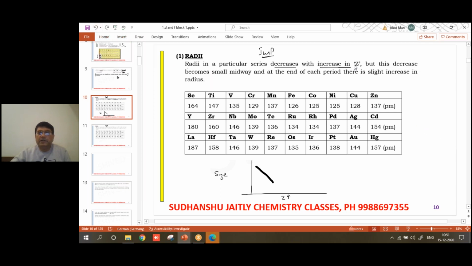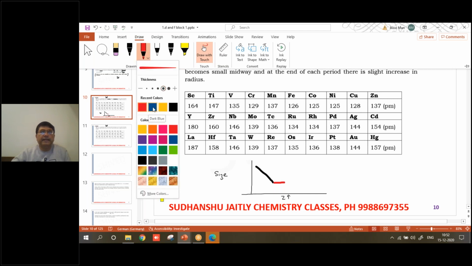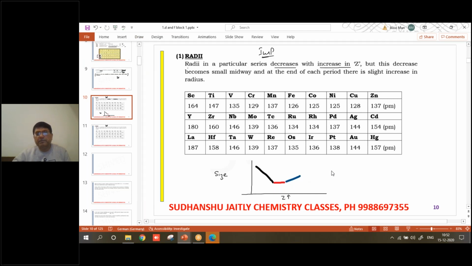See, but this decrease becomes small midway. Small midway, you will see this is practically going to be constant. And at the end of each period, there is going to be a slight increase. It will be this.